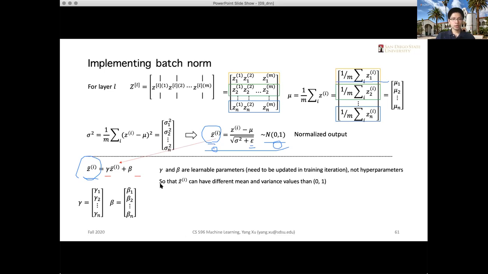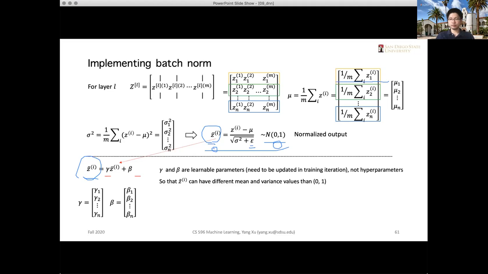Okay, so more flexibility is given so that the z tilde can have different mean and variance other than 0 or 1. Because if the output is between 0 and 1, then our model loses a lot of expressiveness, right?